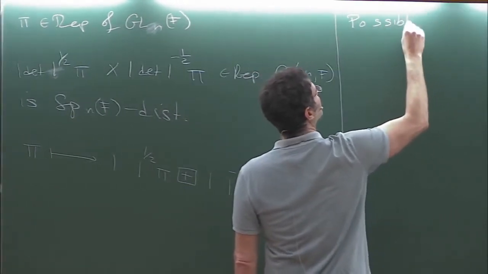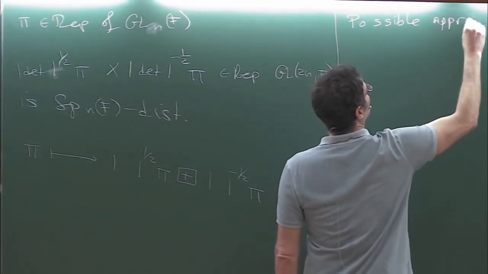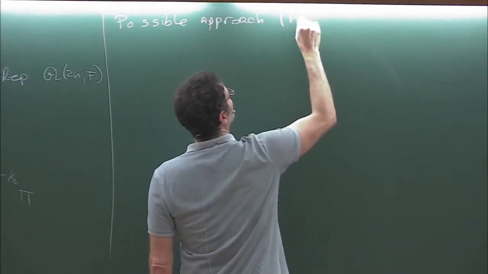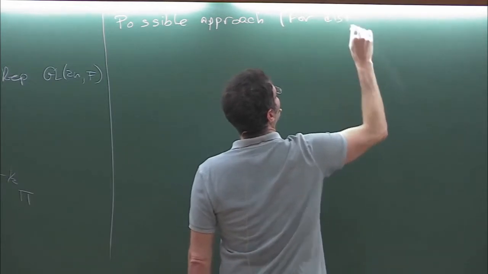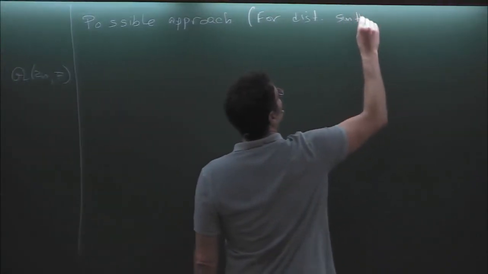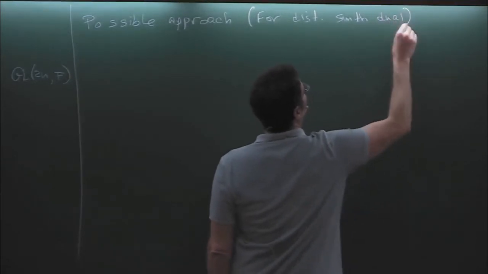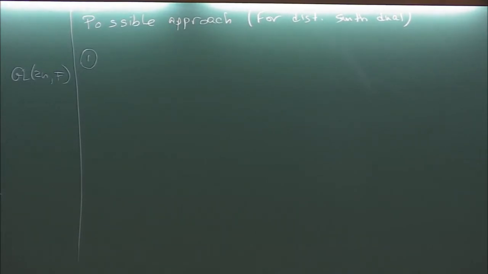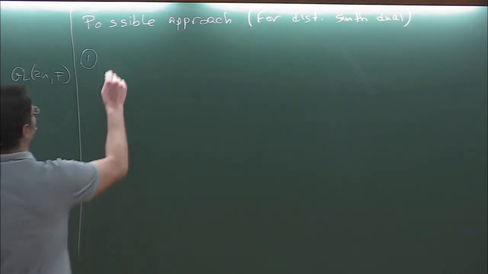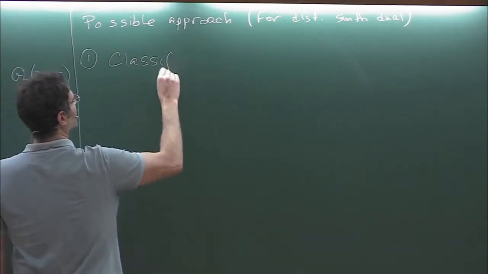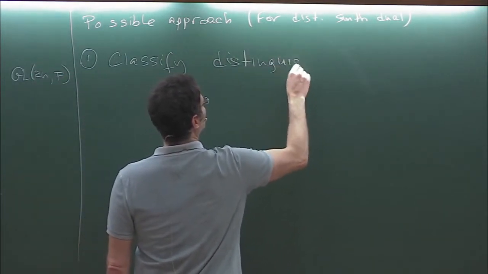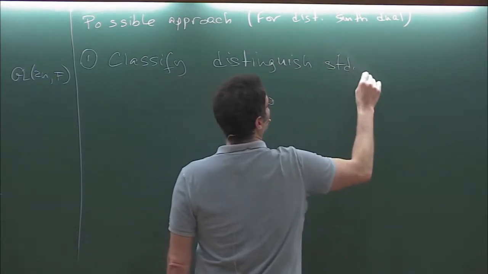So a possible approach for distinguished representations is to first, one could use the Langlands classification and first try to study distinguished standard modules. So classify distinguished standard modules.